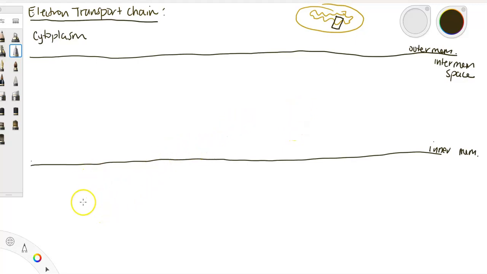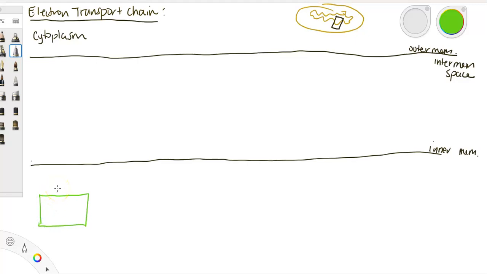So basically we have some high energy electrons that are being carried, that are being saved, that we can cache in here at the electron transport chain. So how many do we have? Let's just sort of make a little bank here.